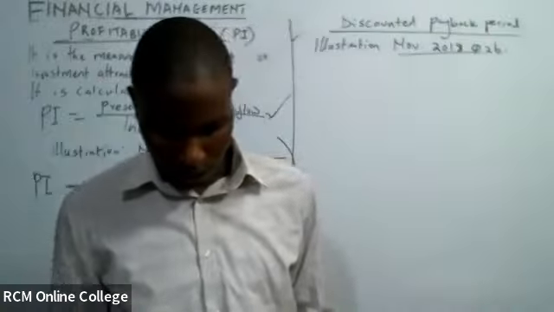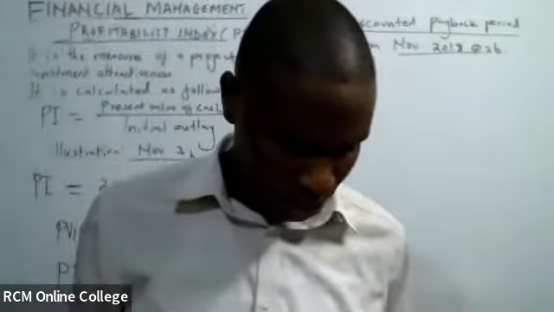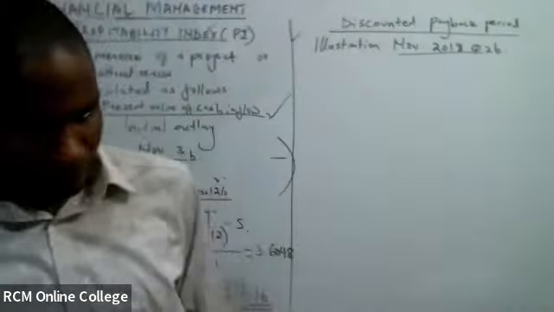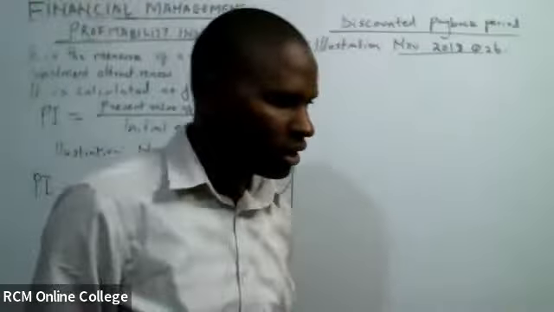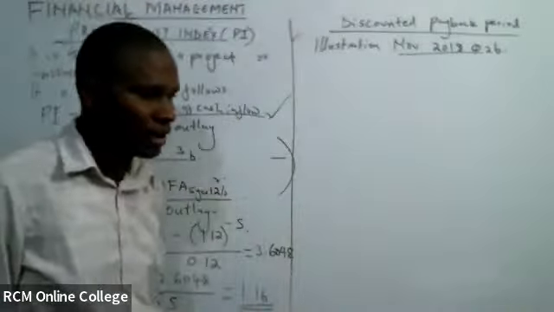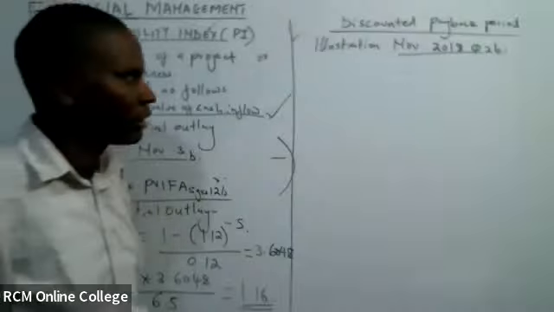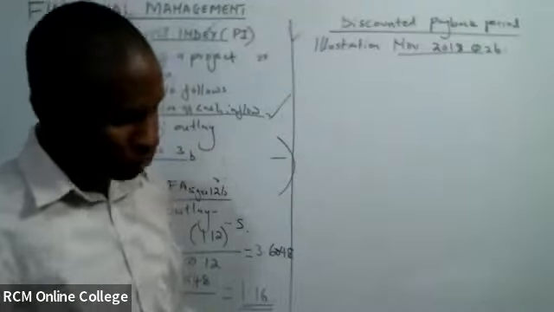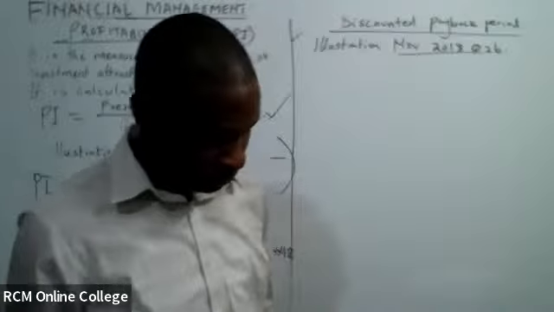November 2018, question number 2. Are we there? And I want somebody by the name Alan. Alan, are you in a position to read for us? Are you in a position to take us through that question?